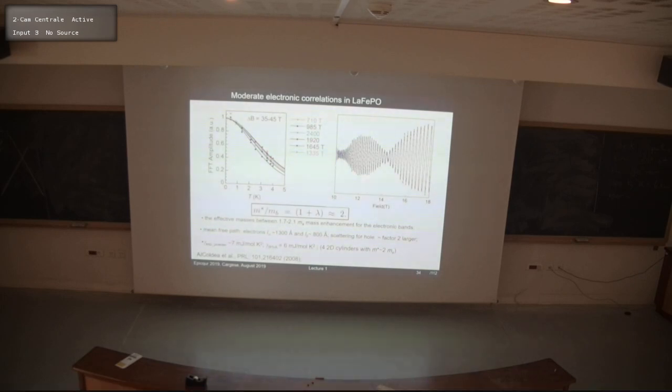Obviously, quantum oscillations can also tell us how strong the electronic correlations are here. In this particular case, the effective masses are only enhanced by a factor of 2, telling us that this is not a strongly correlated system, just mildly correlated.